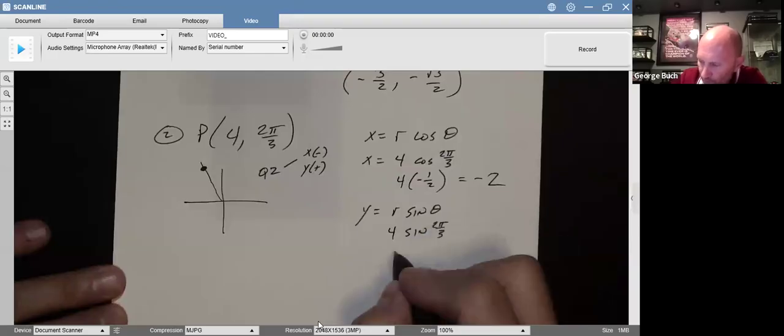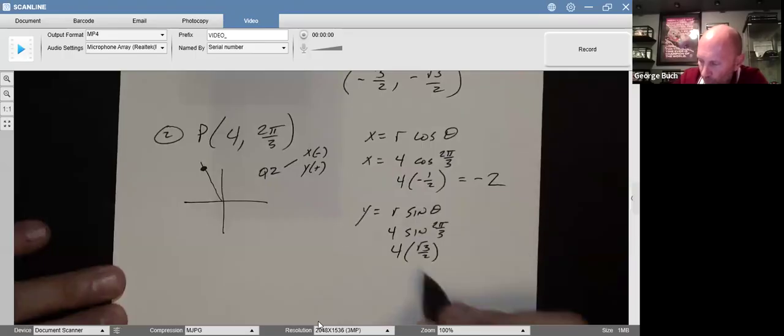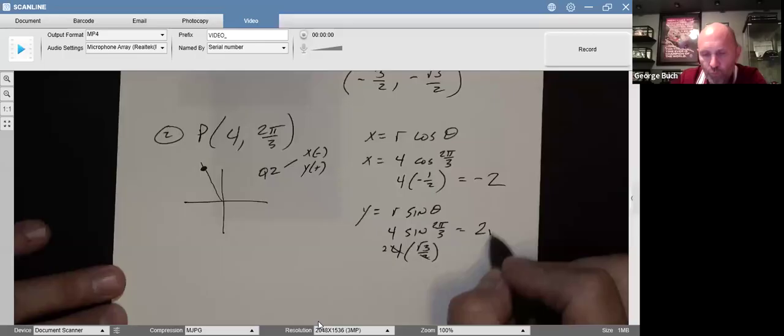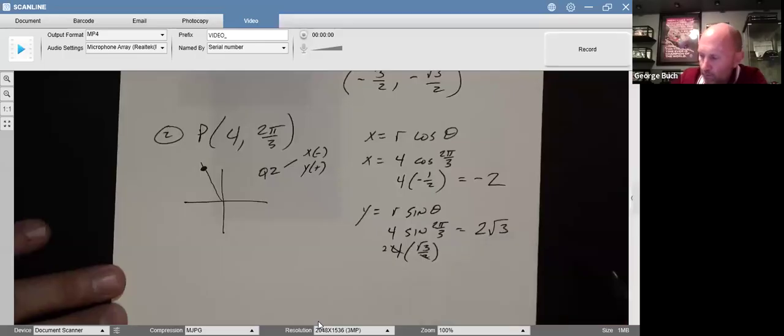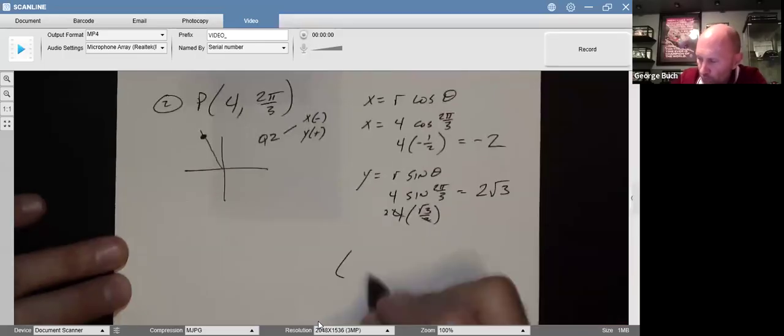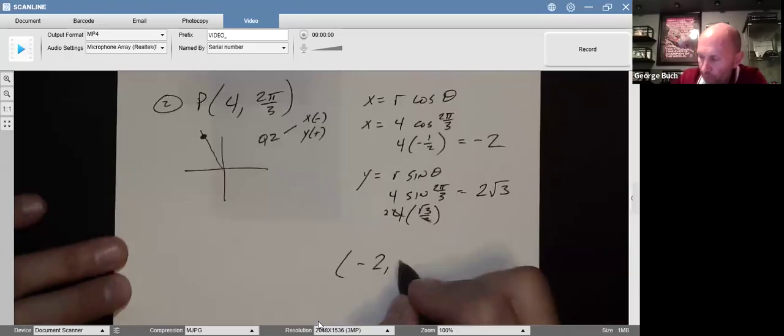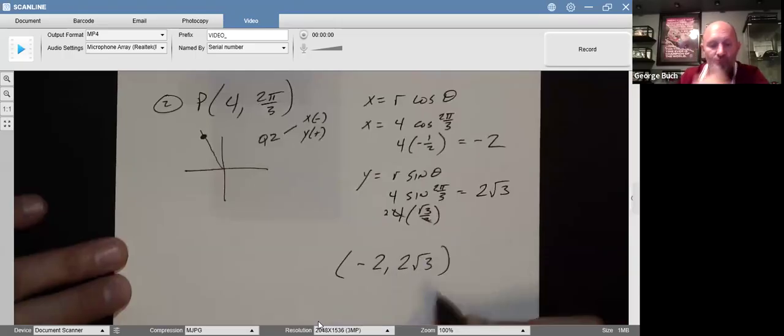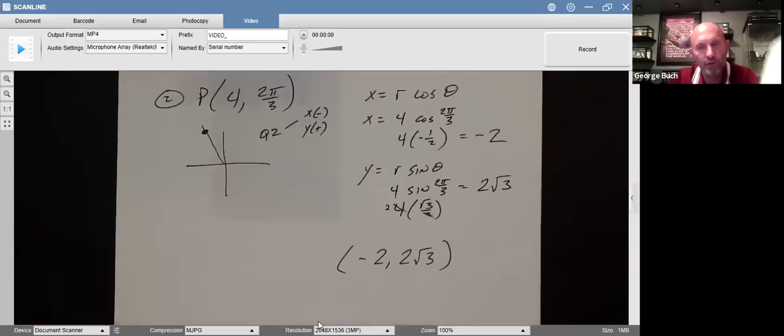So 4 times positive root 3 over 2. The 4 cancels with the 2 and gives me 2, which gives me 2 root 3. So this point would be -2, 2 root 3, which is in quadrant 2. So again, I can feel pretty good that this is probably the correct answer.